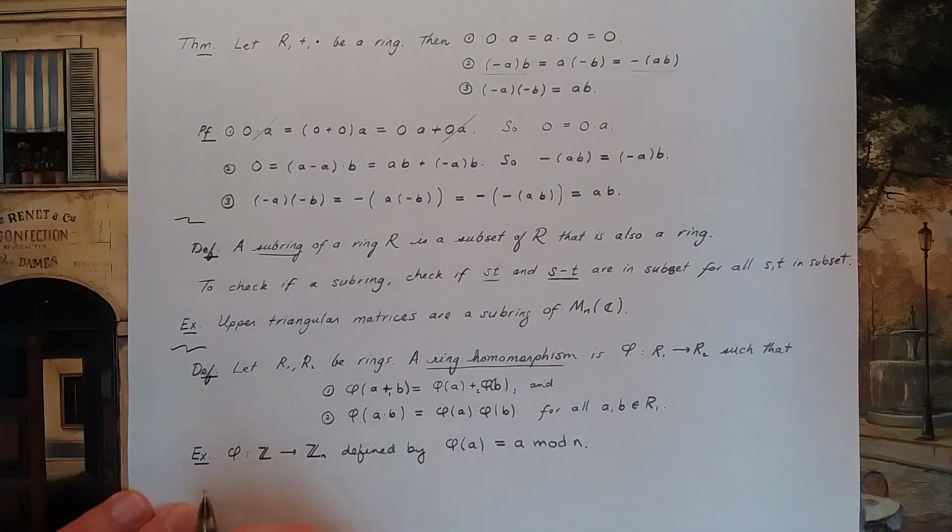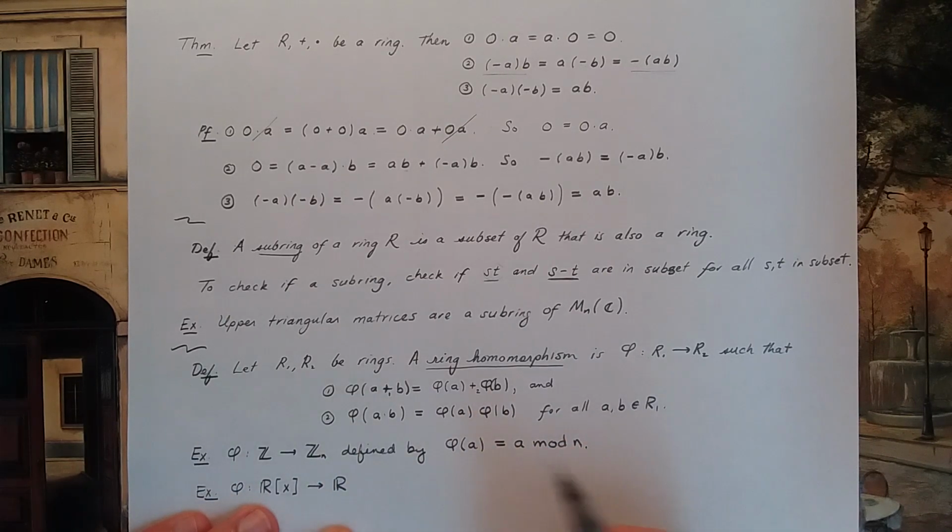Why don't I do one more example? Why don't I go from polynomials in X with coefficients in R and send that to R. R itself is a ring because I can add, subtract, and multiply. So I'm going to define a function which takes polynomials and gives you numbers.